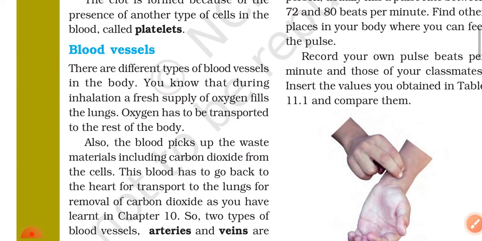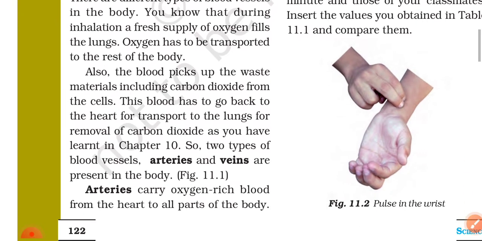Blood vessels. There are different types of blood vessels in the body. You know that during inhalation, a fresh supply of oxygen fills the lungs. Oxygen has to be transported to the rest of the body. Also, the blood picks up the waste material including carbon dioxide from the cells.